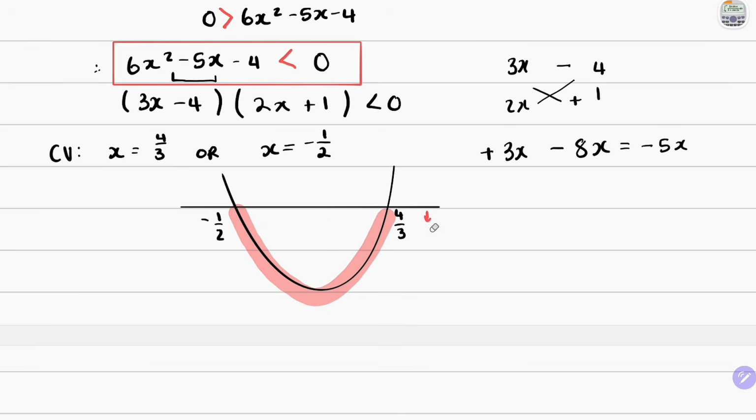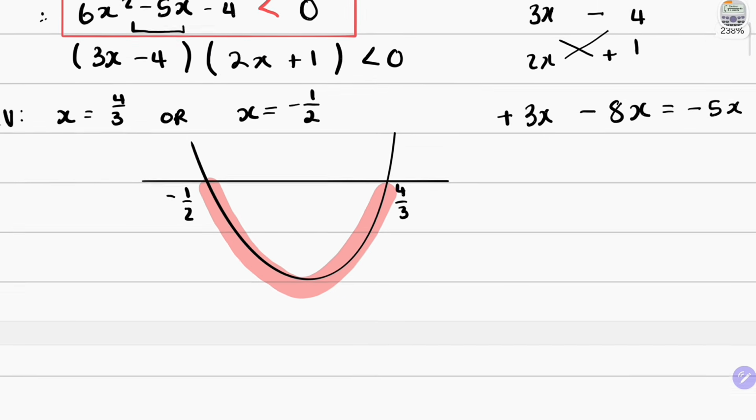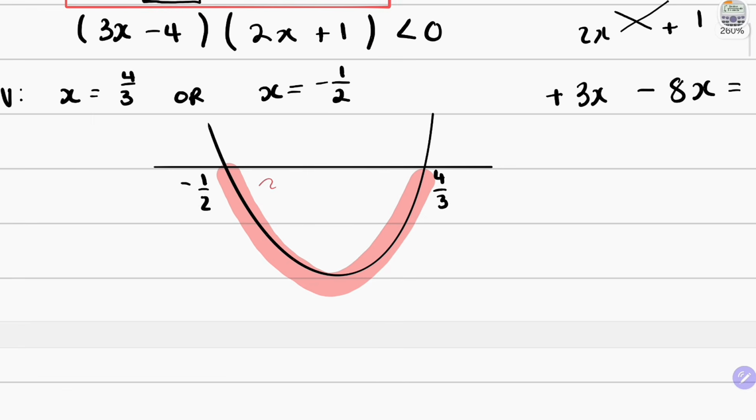Okay, and now we don't really need that y-axis anymore. So now we can line these up to the x-axis so we can better understand where these x values are. So compared to the critical values, looking at negative 1 over 2 first, these are values that are on the right-hand side of negative 1 over 2. And compared to 4 over 3, these are values that are on the left-hand side of 4 over 3.